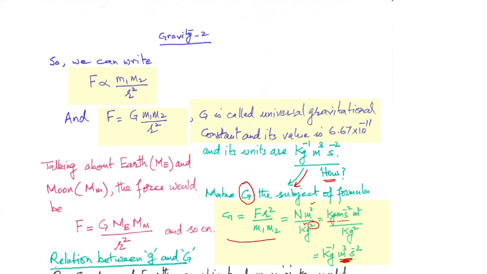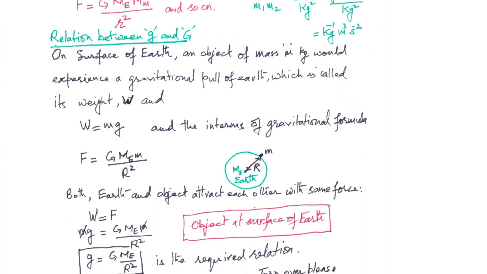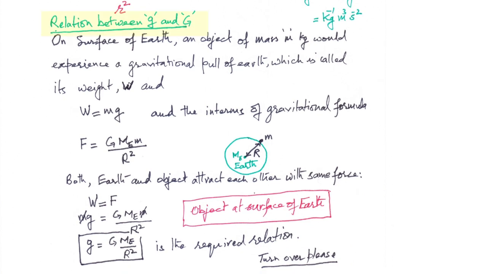Now, when we have this capital G, we also have a small g, that is the gravity of the Earth. We can find out a relation between small g and capital G. On the surface of the Earth, I have shown in the diagram, the green diagram, which is depicted as Earth, and on the surface of the Earth, I've shown a mass of small m.